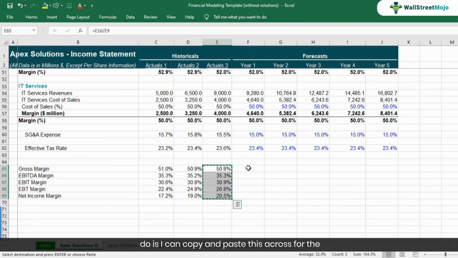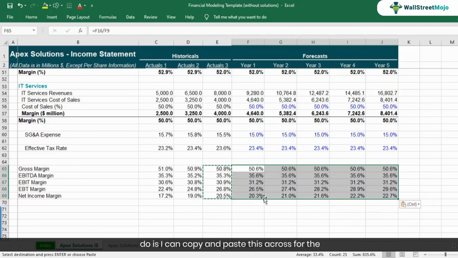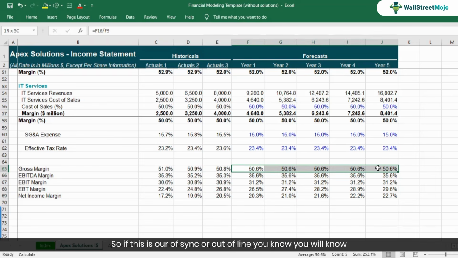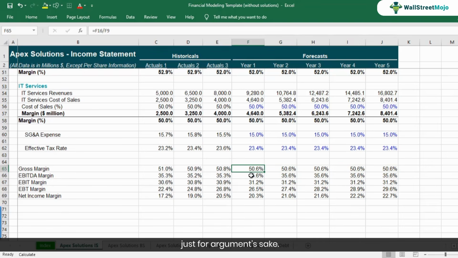I can copy and paste this across for the future years and observe the trends. If this is out of sync or out of line, you will know how your predictions are. If, for argument's sake, this was coming out to be 90%, obviously your financial model may not be correct.